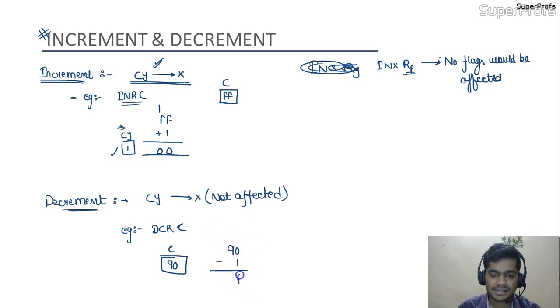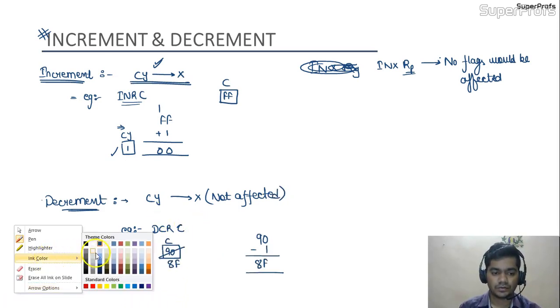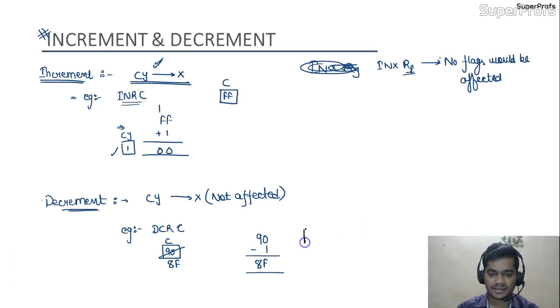So what would be the result? F, because we have to take a borrow, and as we have taken 1 borrow, it means 16 minus 1 would be F, and this would result in 8F. So this is the answer that would be stored as the content of this register. So what would be the status of the flag registers?